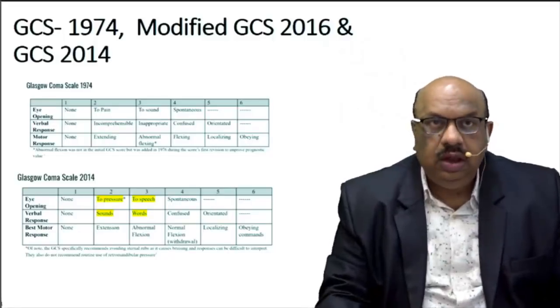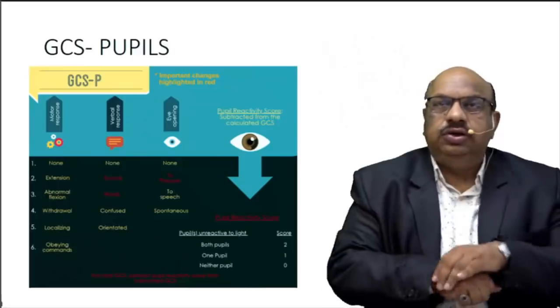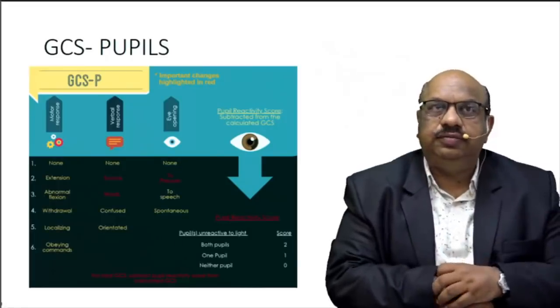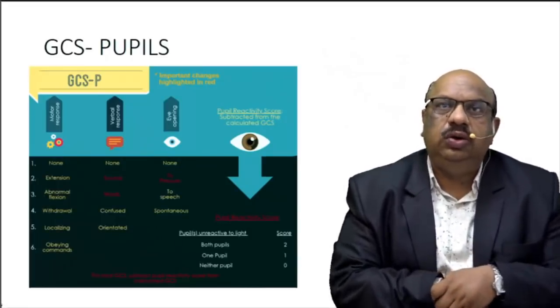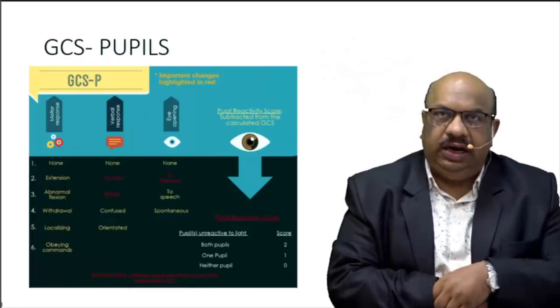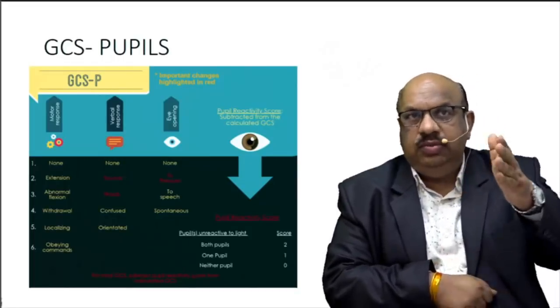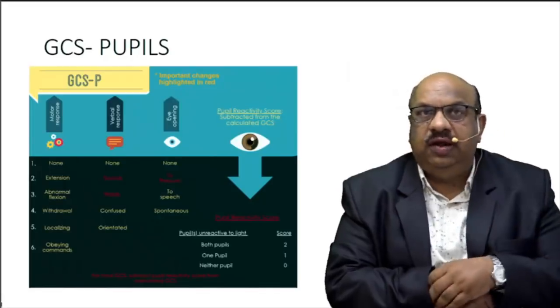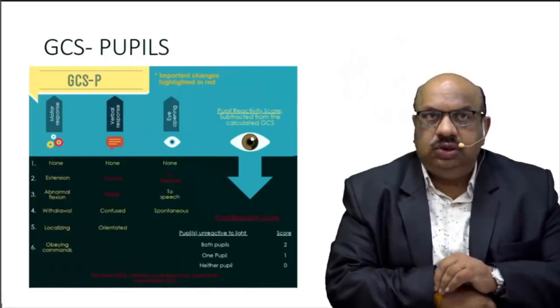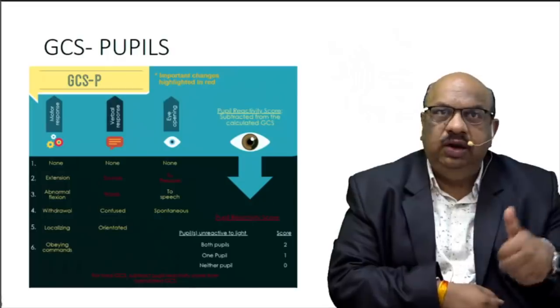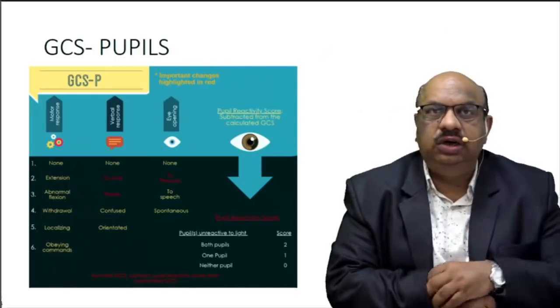Another new change happened in 2016: in GCS, the pupil has now been added. So this diagram shows the change that has happened, in red color. Rather than pain, you call it pressure, and sound and word.